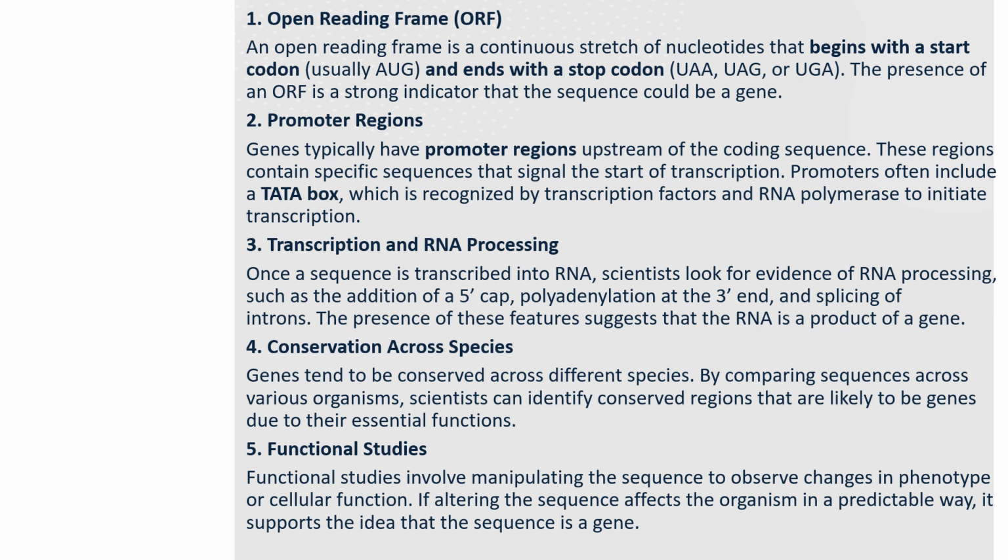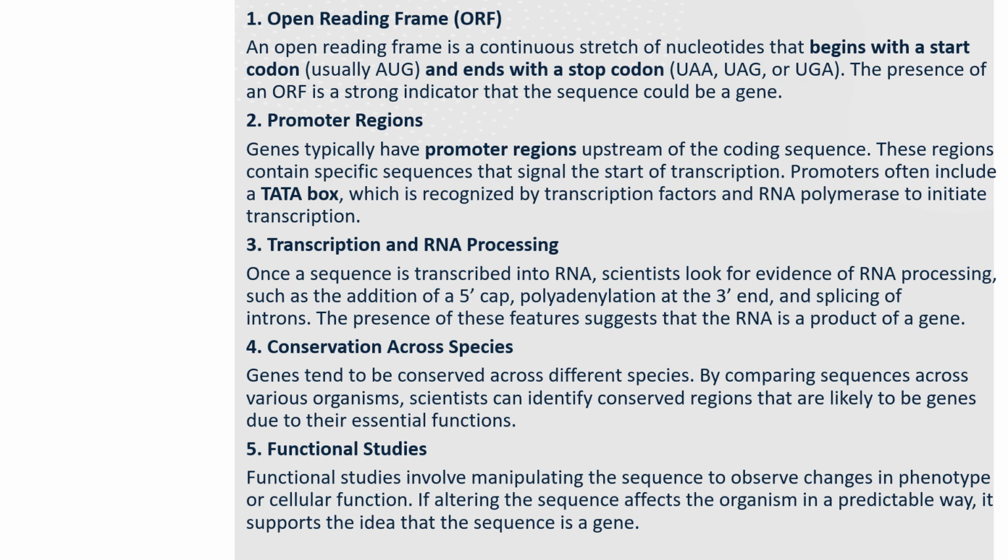The TATA box is recognized by RNA polymerase to start transcription in the promoter region. So over here we're looking at the gene, and over here we're looking at the promoter area. A little bit before the starting codon, you will have the promoter box, and that is the TATA box.